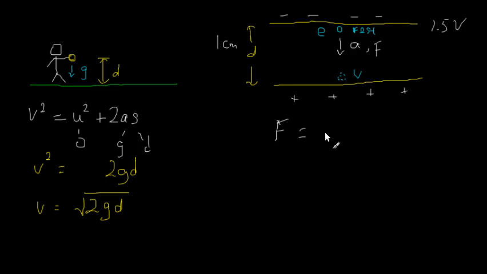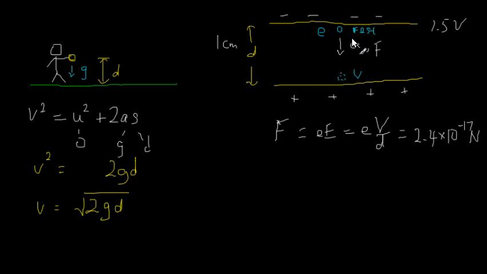I took the charge of the electron times the electric field, and I found the electric field by taking this voltage divided by that distance. That's what I did in the last session, and the answer that I got was 2.4 times 10 to the minus 17 Newton.